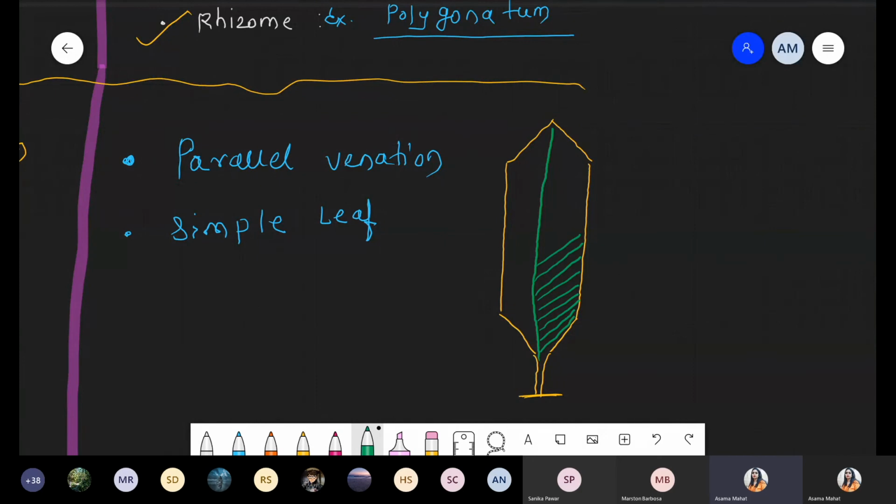No network. Straight, maybe the pattern can differ, maybe straight lines are there, but they are parallel, all veins parallel to each other. And such type of venation pattern is called parallel venation.